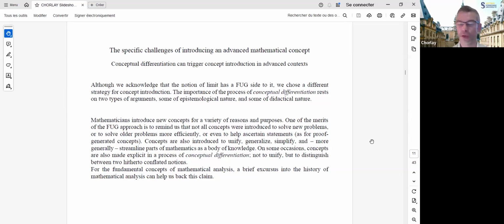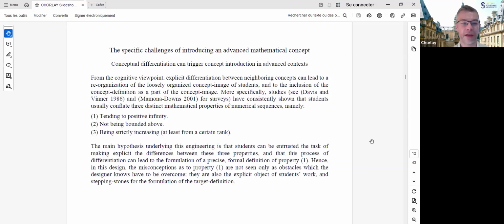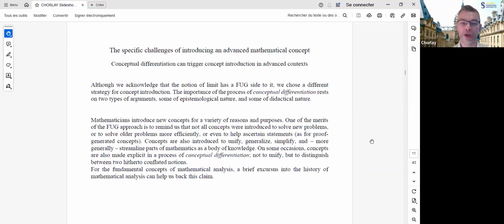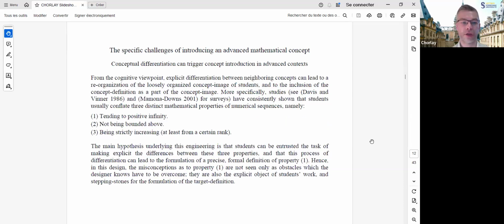If you study the history of mathematical analysis in the 19th century, it is quite striking that this happens on a regular basis. This is what is written at the bottom of the slide. So these were the epistemological arguments in favor of taking into account processes of conceptual differentiation for concept introduction.